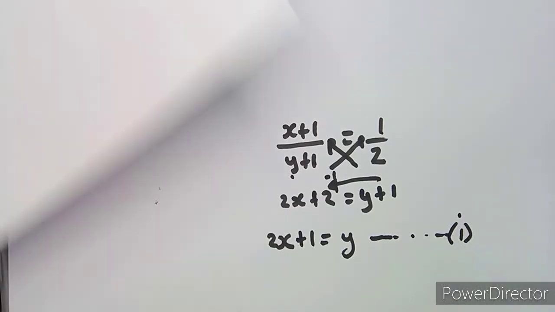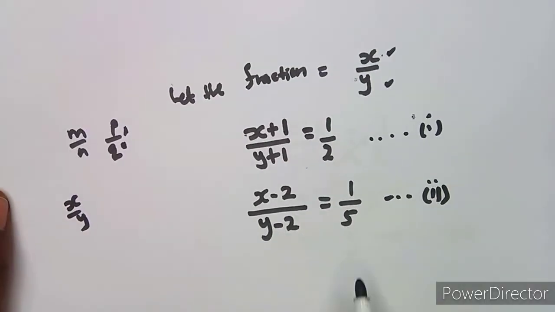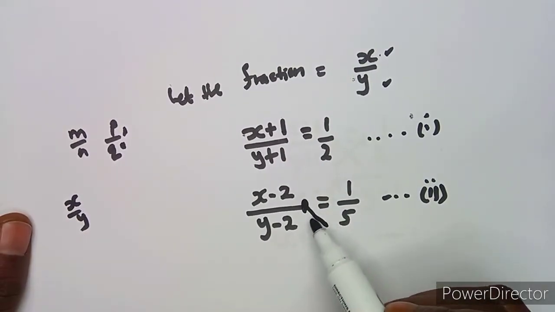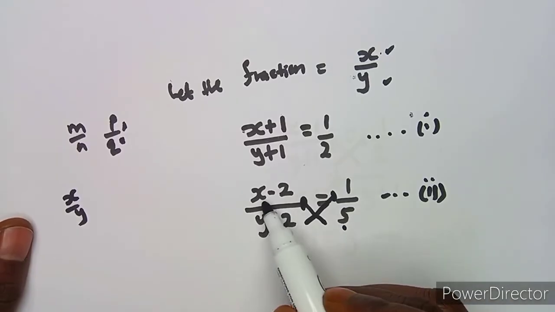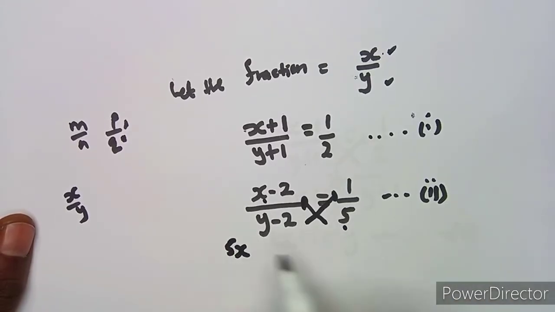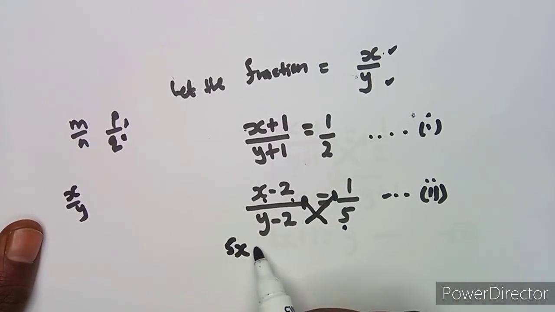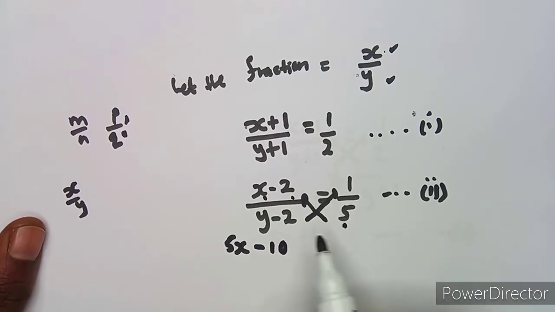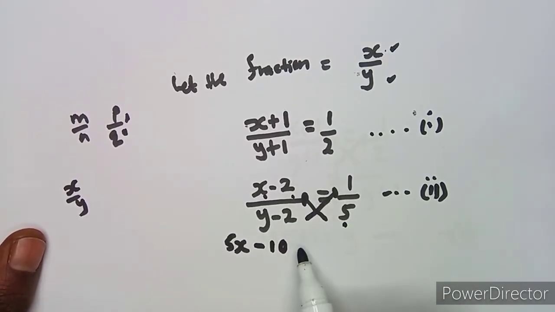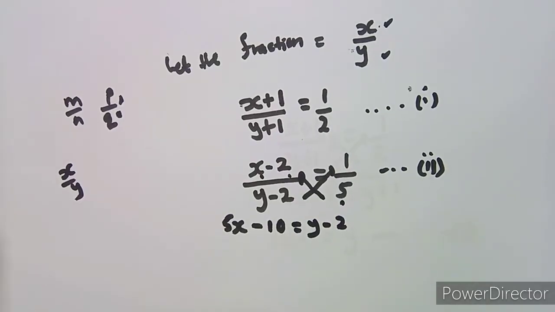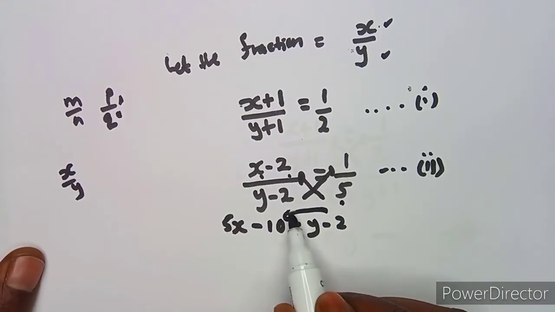We do the same on our equation 2. Cross multiply here. That's 5 times x, which is 5x, 5 times minus 2, which is minus 10. Then 1 times y minus 2, which is y minus 2. Do the same again: make y the subject, transpose this to the other side.